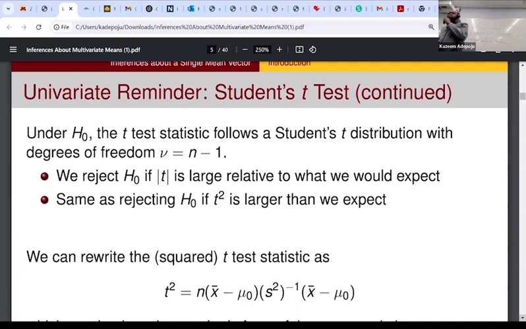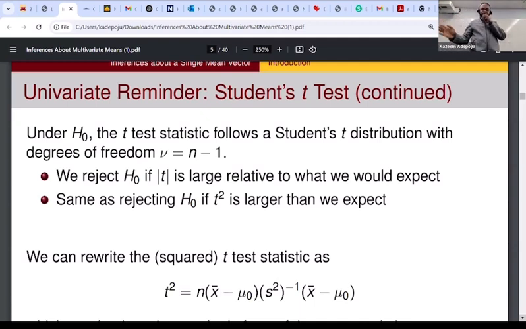But you know what we want to do now? We want a way to extend the univariate case to the multivariate case, instead of being forced to test one mean of one variable at a time. We want to extend that to multiple variables.